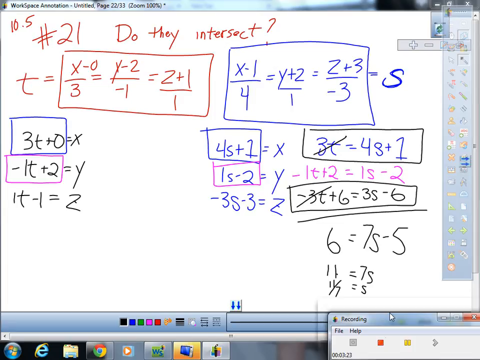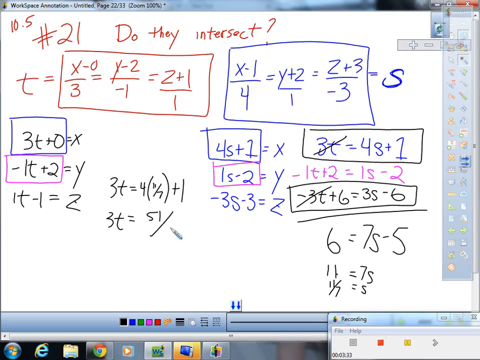What did we decide? 3t is 4s plus 1, so 3t is 4 times 11 sevenths plus 1. 3t is 44 sevenths plus 7 sevenths, 51 sevenths. Okay? Divide each side by 3, and t equals 51 divided by 3 is 17, right? So t is 17 sevenths.